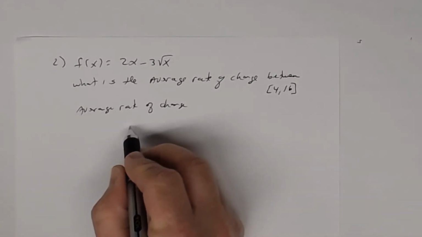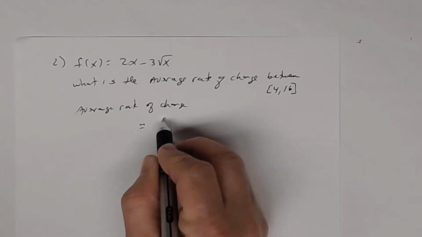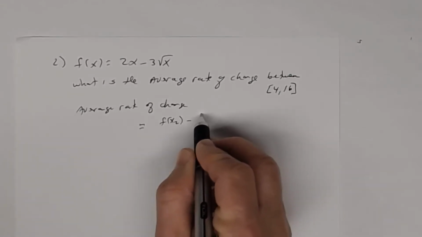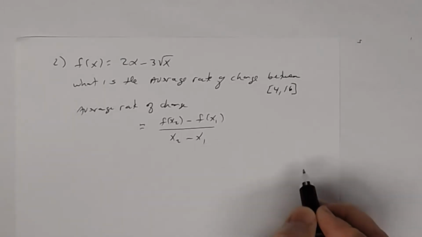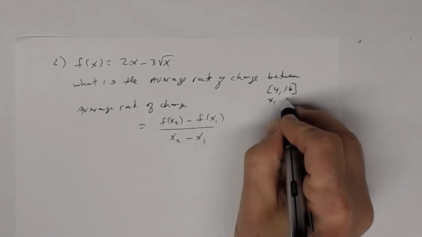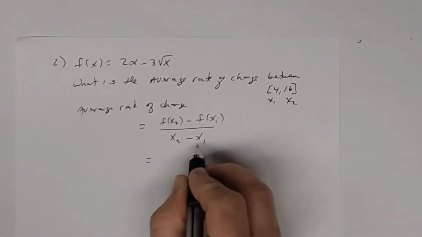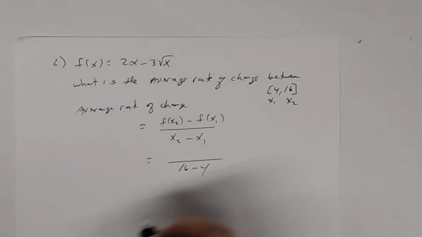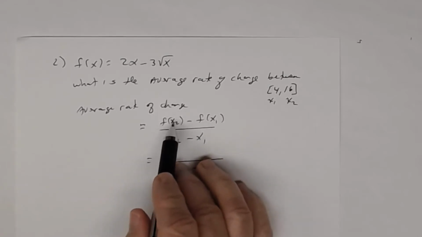So the average rate of change is defined to be f of x2 minus f of x1 divided by x2 minus x1. So this will be your x1, this will be your x2. So I know right away my denominator, I'm going to say 16 minus 4, right?